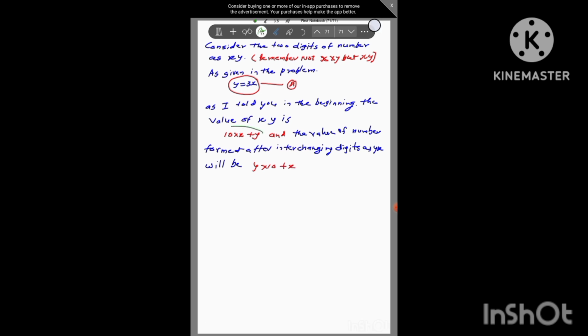So these are the actual values. Now as given in the problem, the main number and the interchanged number, if you add, will sum up to 88.